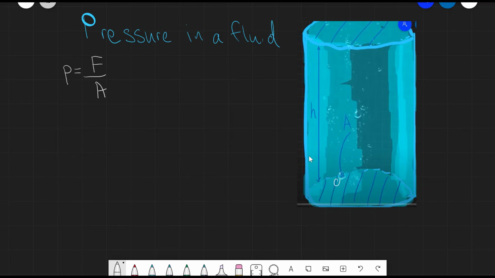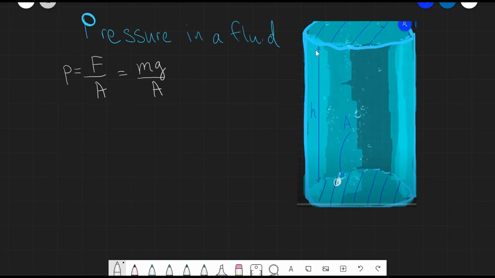Now, if I had a diver somewhere over here, the amount of pressure that will be exerted will be equal to a cylinder of water above the diver's head. Well, this will be equal to the mass of the water times the gravitational acceleration on Earth divided by the surface area. Well, hang on a minute.